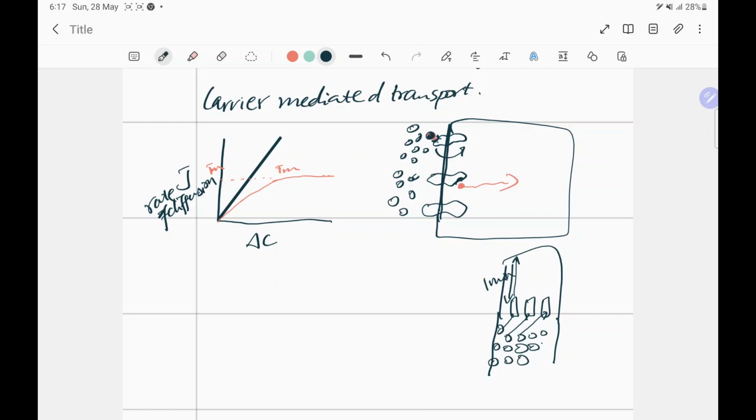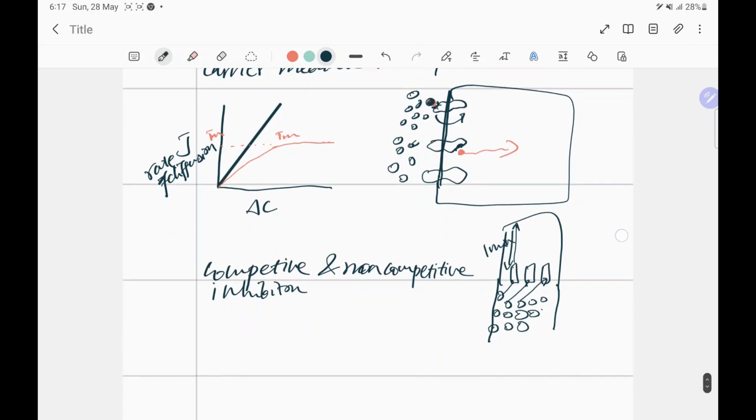Then the other thing you should know is, sometimes they can be competitively inhibited. There's something called competitive and also non-competitive inhibition. So what's happening over here?